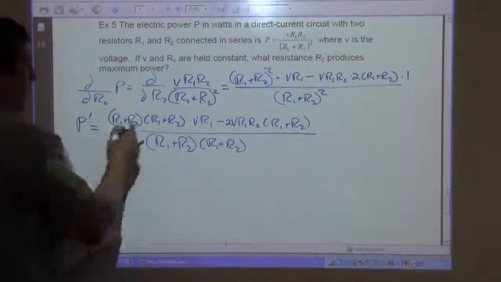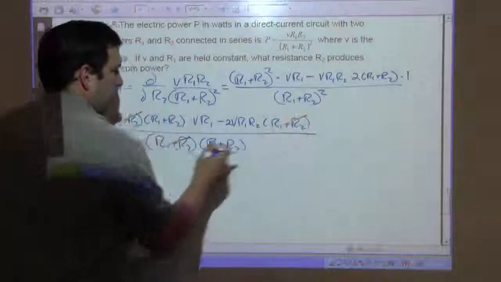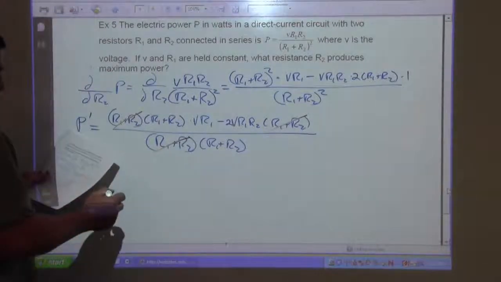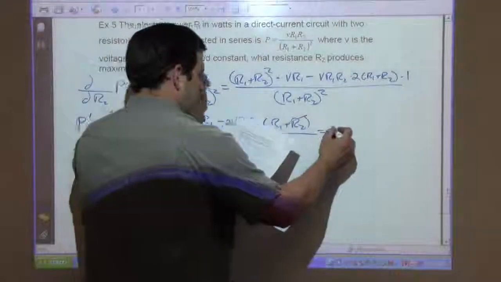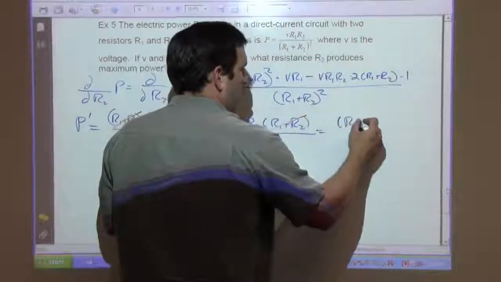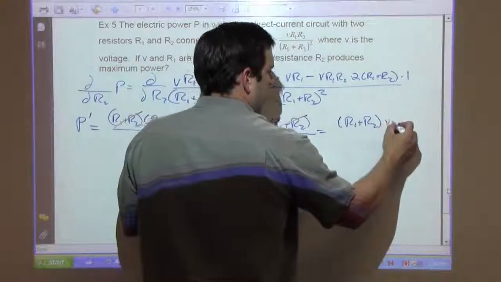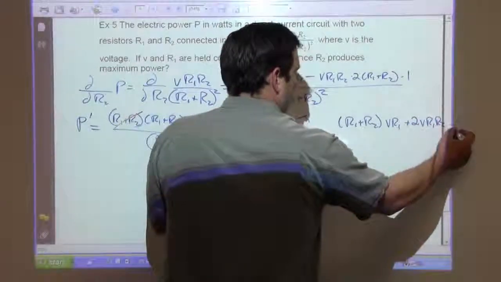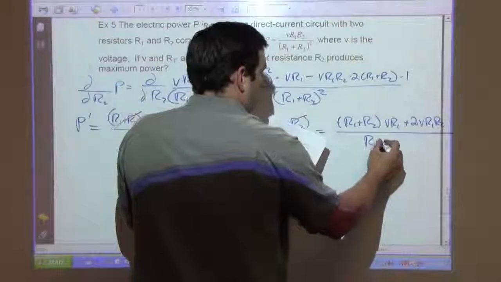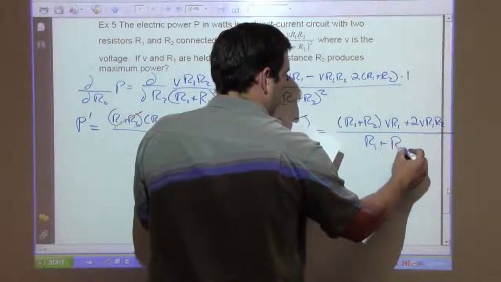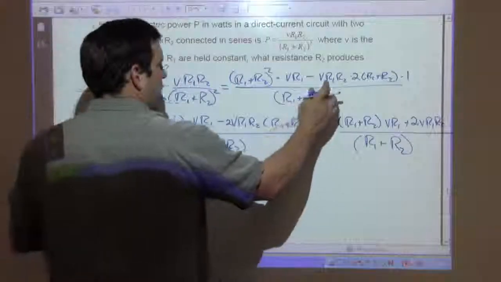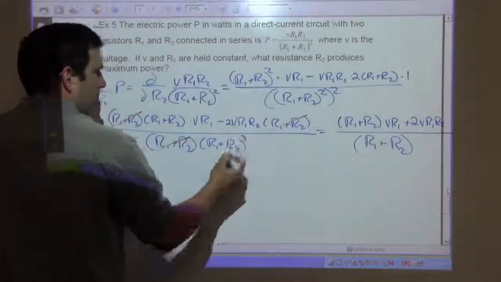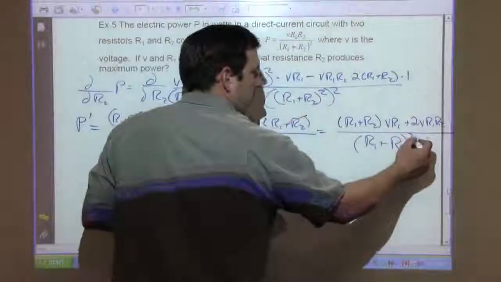And of course, you could factor one of these out. It divides out. So what we have then is R1 plus R2 times V R1 plus 2 V R1 R2 over R1 plus R2. Oh, I made a mistake. That needs to be squared. So that would have been the fourth power. You got that cubed left over. There we go.